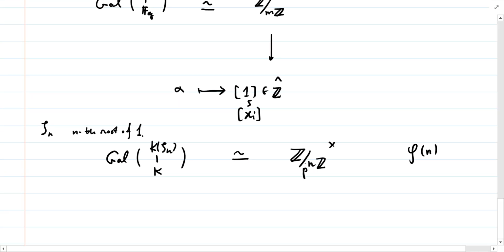So okay, that's really nice. And passing to the limit, what is the identity element?